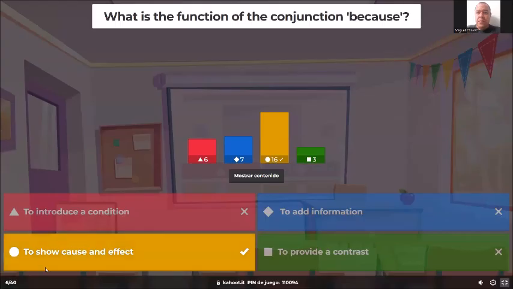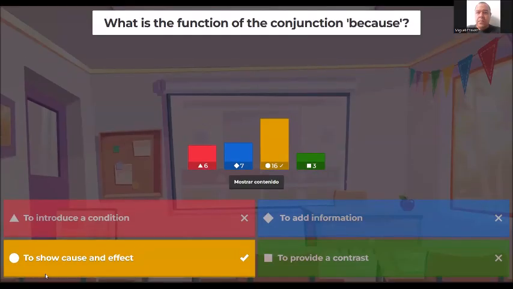Right. The main function of the conjunction because is to show cause and effect.